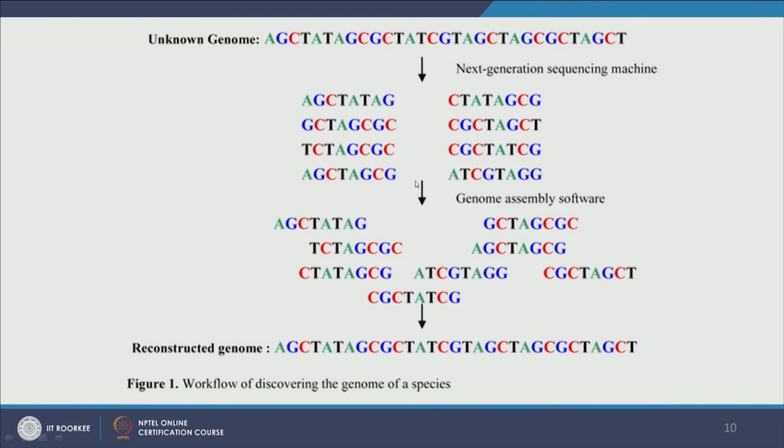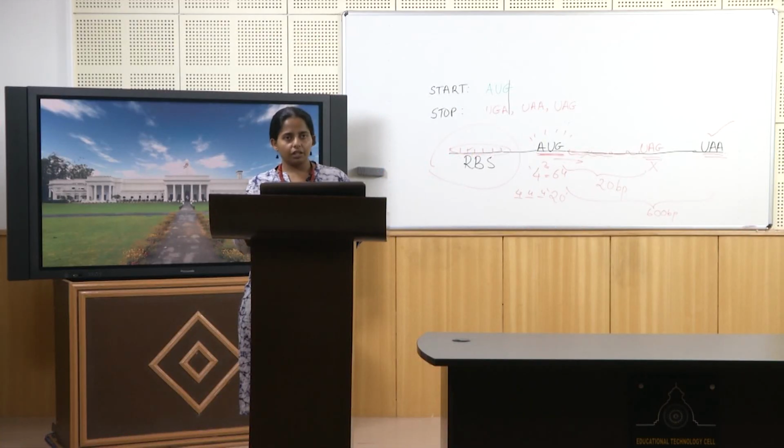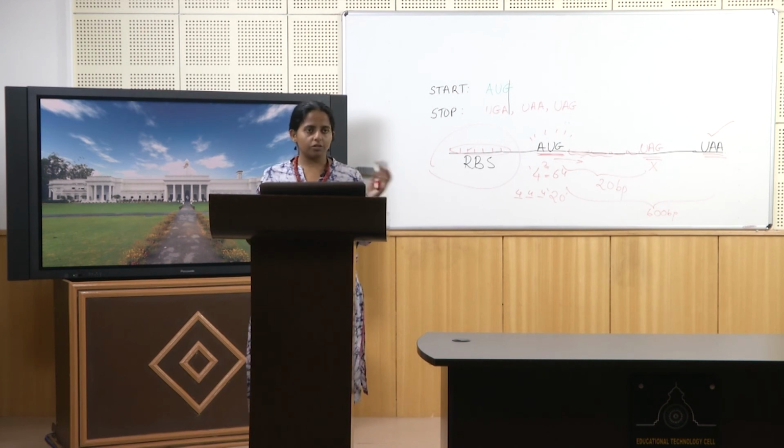They align all the ORFs with each other, and whenever there are significant overlaps, we say, okay, look, they are overlaps, so these are overhangs. Because they are overhangs, they were initially part of the same genetic material, but then it was split at different places and then sequenced. So it will reconstruct the genome.